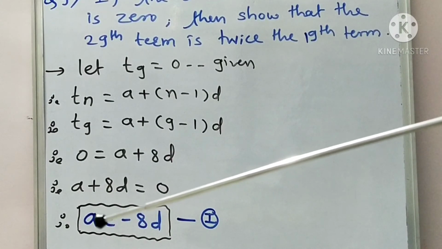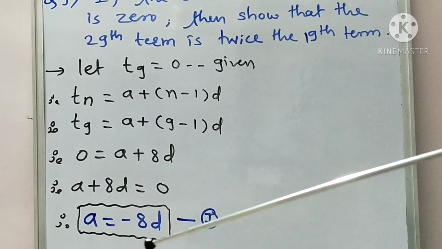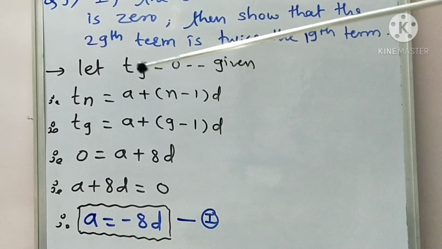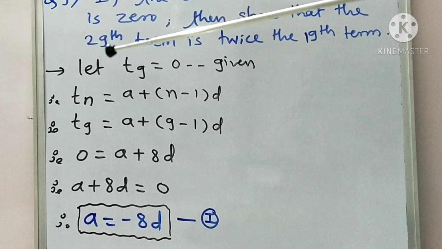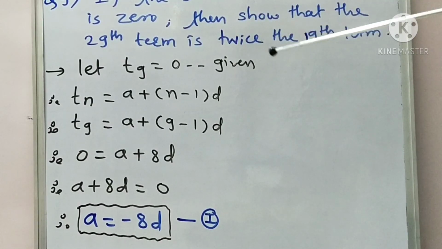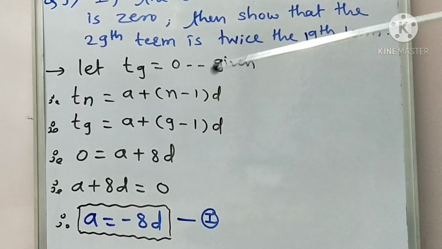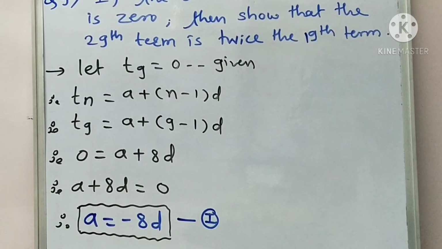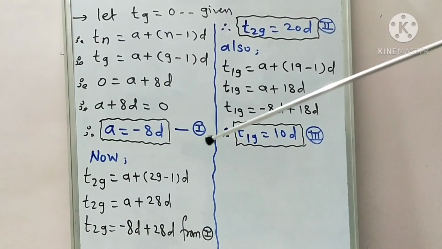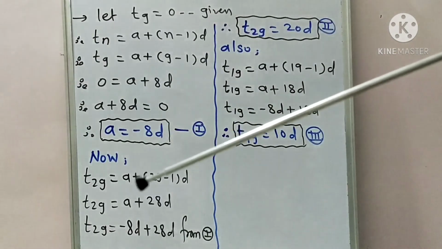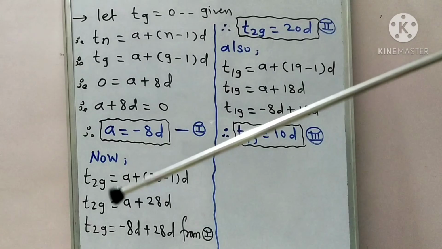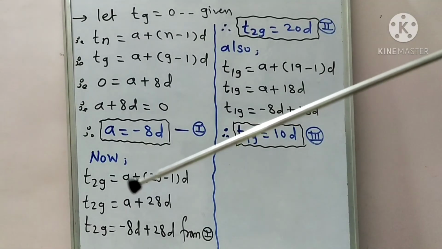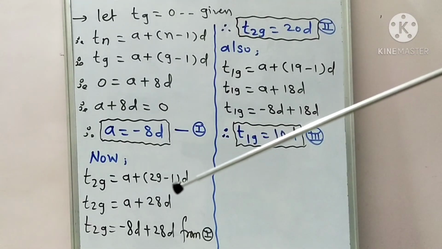Now we use this value of a as minus 8d to show T29 equal to 2 into T19, that is, to show that the 29th term is twice the 19th term. So pay attention over here, students. As we further simplify, we use the same formula of Tn to find T29 as a plus 29 minus 1 into d.